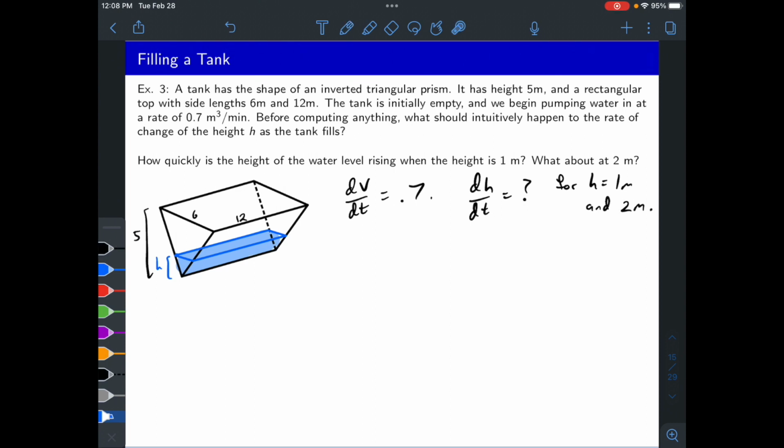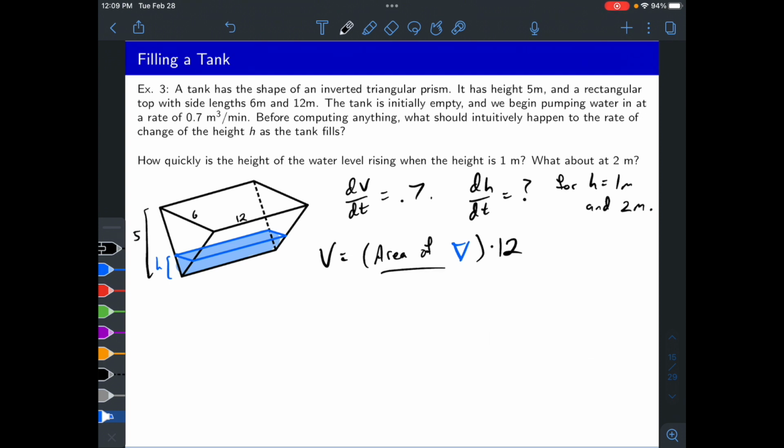So let's get an equation relating h and V. Well, the volume of the amount of water is going to be equal to the volume of this little blue area, which, for a prism, is going to be the area of the base, and the base is just going to be that base triangle over there, times the height of that prism. The height of the prism is really the length of the prism, so it's just going to be 12. So this times 12.